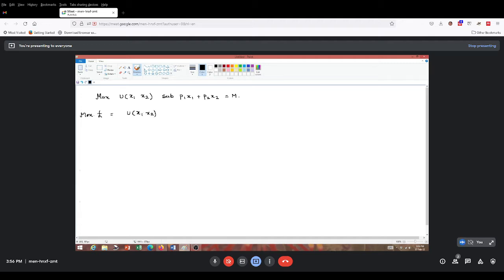First we write the function which is going to be maximized, and then we write the constraint. Here lambda is called the Lagrangian multiplier.